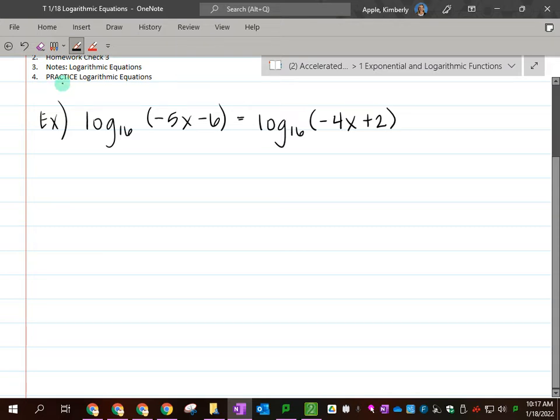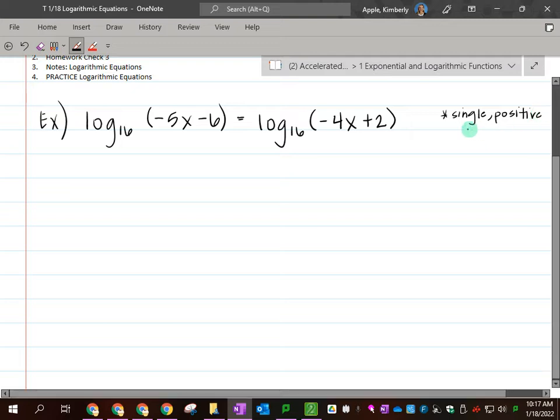So a couple things I want you to notice here. Number 1 is it's just a single positive log on both sides. Okay, so this is 2 things I want you to notice on both sides.